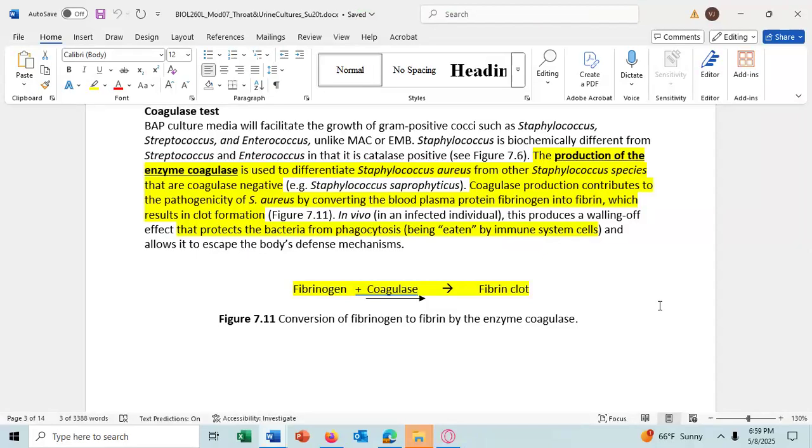Coagulase production actually contributes to the pathogenicity of Staphylococcus aureus, converting blood plasma into fibrin, meaning a blood clot. And the clot helps protect the bacteria from the immune system, particularly when the bacteria numbers are small and would be easiest for the immune system to remove from the body.